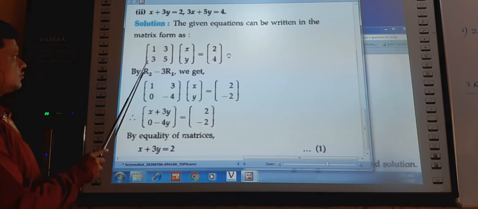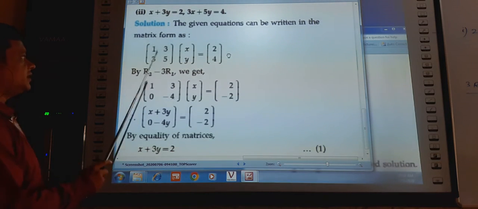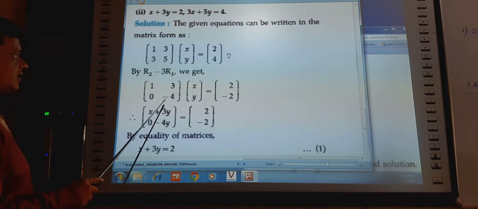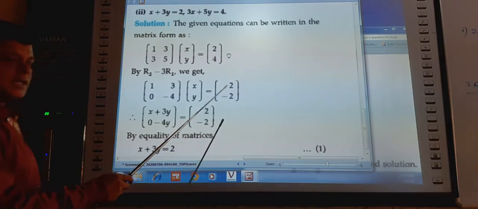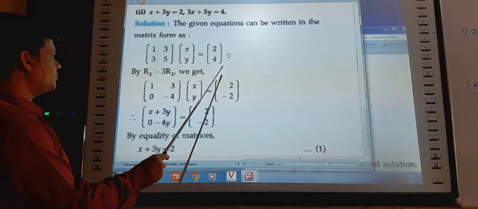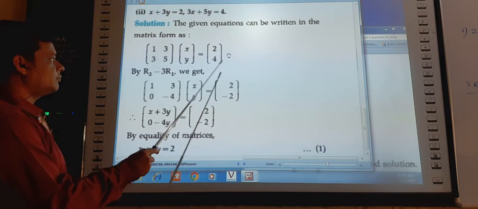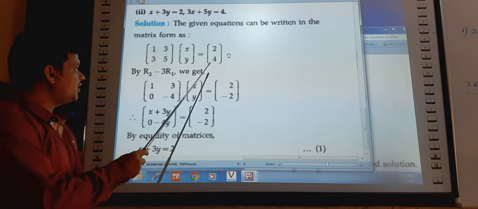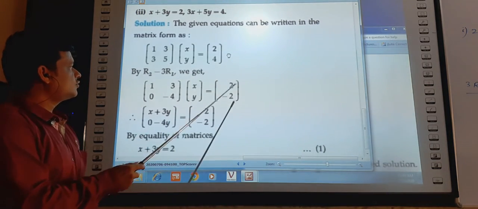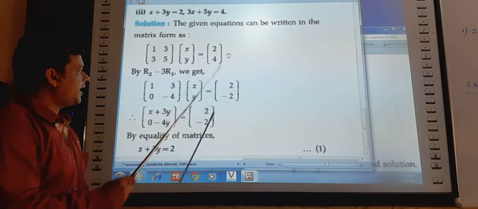R2 is 5, 3 into 3 is 9, 5 minus 9 is minus 4. For the elementary transformation on the RHS, R2 is 4, R1 is 2, so 3 into 2 is 6, 4 minus 6 is minus 2. Keep the first row element 2 as it is.